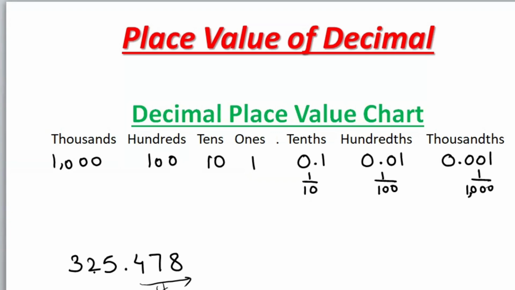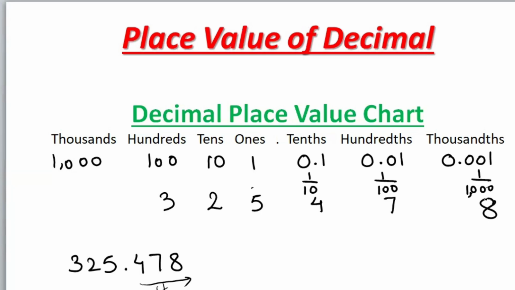Like here it is 325. So 5 will come in the ones place, 2 will come in the tens place, and 3 will come in the hundreds place. And then is a point. Here is the decimal point. Then after that, which number is it? 478. So 4 will come in the tenths place, 7 will come in the hundredths place, and 8 will come in the thousandths place. Understand?